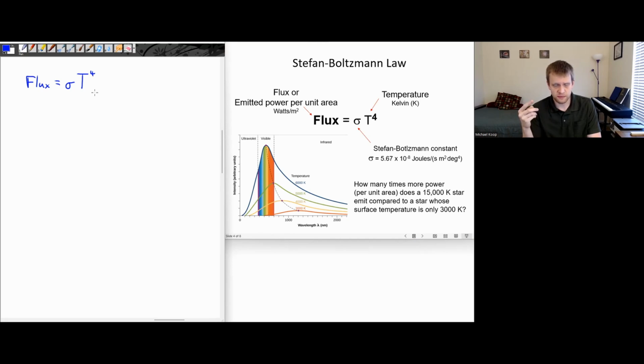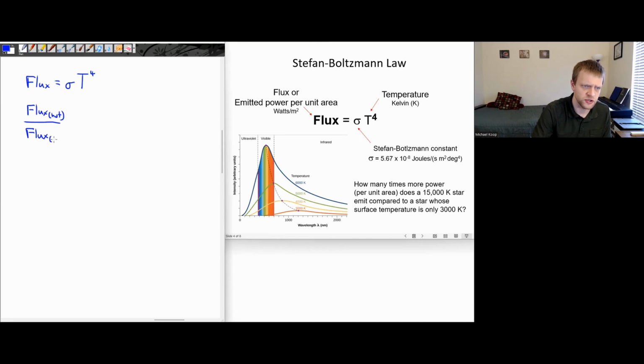In this case, we're going to look at the flux of the high temperature star divided by the flux of the low temperature star, because we want to know how many times more flux one has than the other. So I'm going to write this as the flux from the hot star divided by the flux from the cold star.